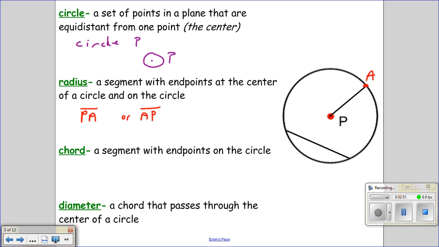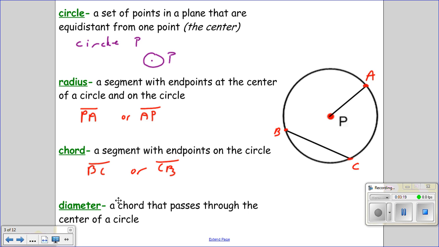It doesn't necessarily have to be through the center. So let's say these are B and C. So this chord is BC or CB. And again, it does not have to go through the center. It can, but it doesn't have to.